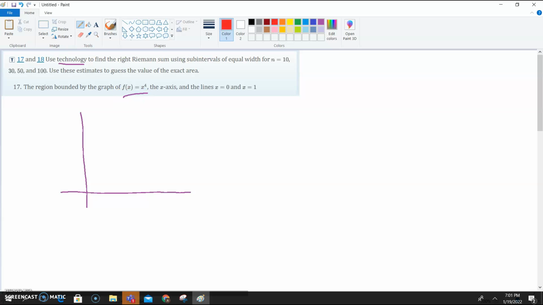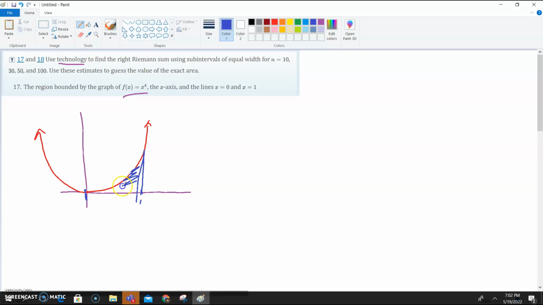We've got this function x to the fourth, which looks quite like a parabola, right? Just a little bit wider. And they're having us focus on this, and they want us to find what this is between 0 to 1. So it looks something like this, and let's say this is 1.